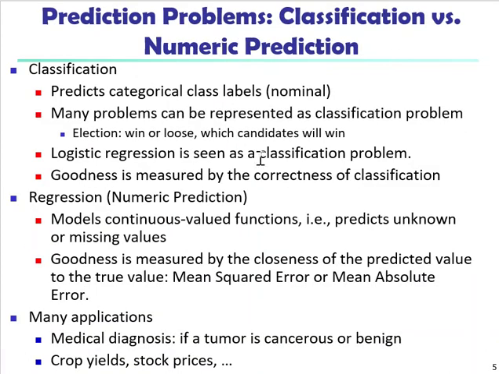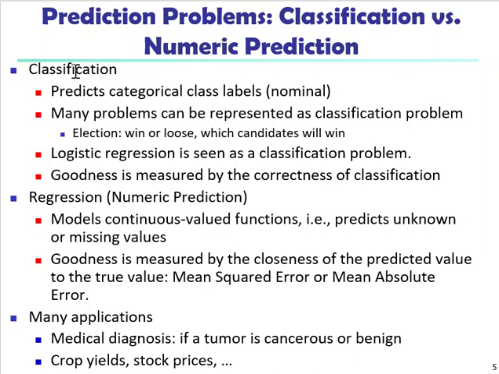Okay. A second slide, again a review slide, talking about classification. Classification is one type of prediction problem. Recall earlier we mentioned there are two groups of tasks that we can put mining tasks into: either descriptive mining tasks or predictive mining tasks.